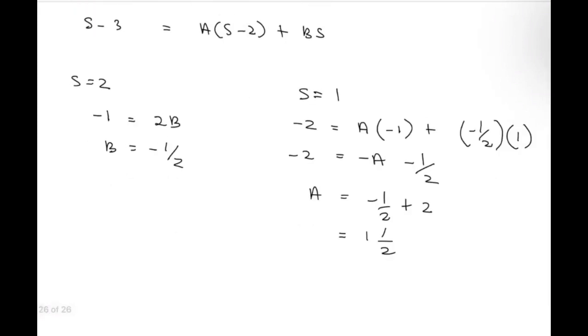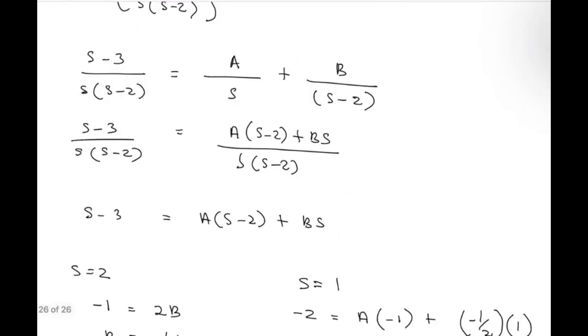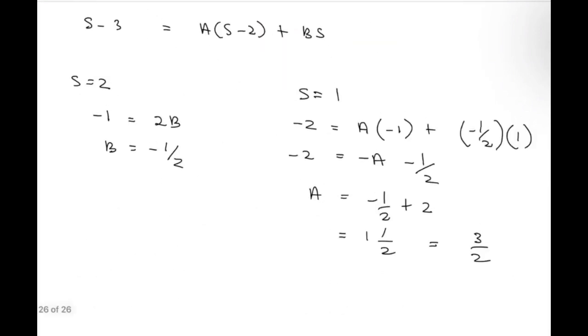Now we know that A equal to 3 over 2 for simplification. So now substitute into our fraction. Which fraction? This one. So we have the Laplace transform of s minus 3 over s minus 2.